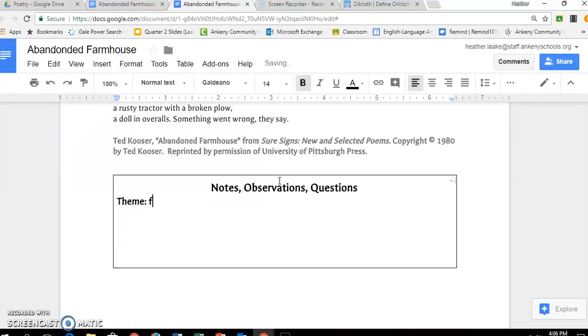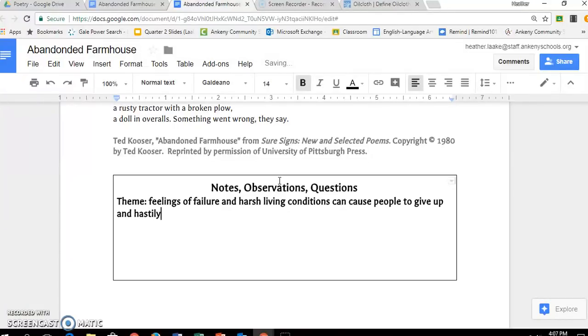So for theme, I'm just going to type, and you can write this on your paper, feelings of failure and harsh living conditions can cause people to give up and hastily abandon their home.